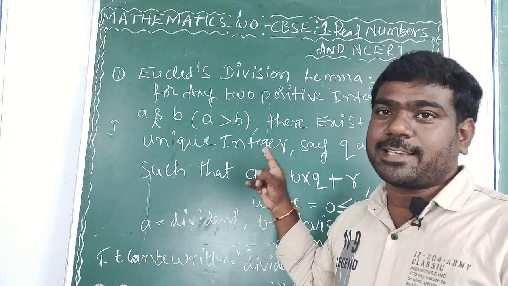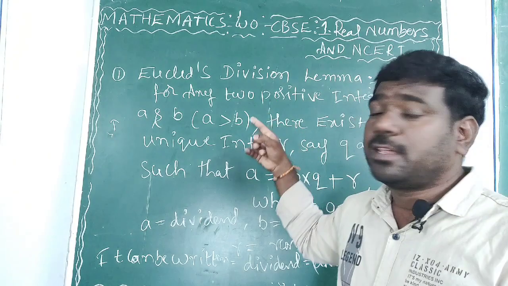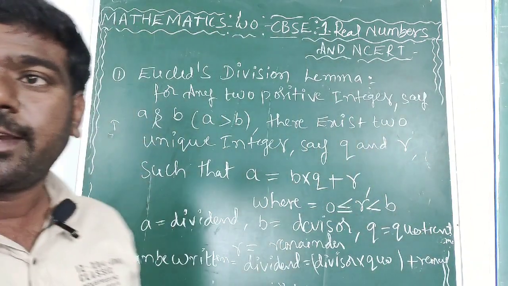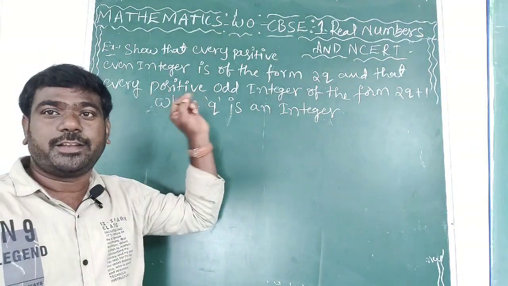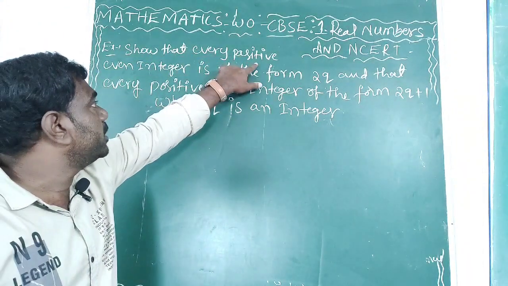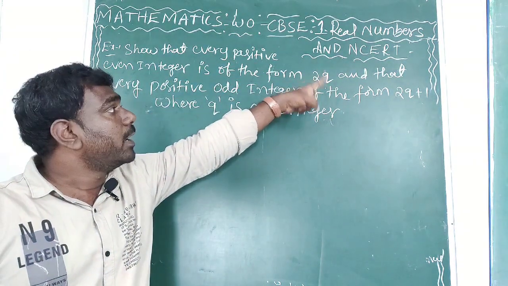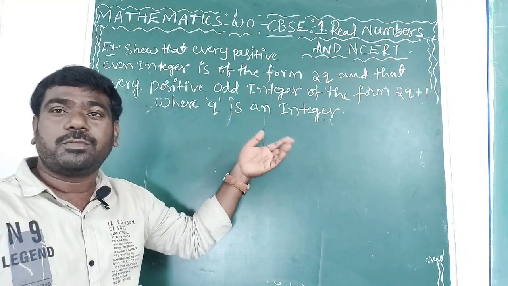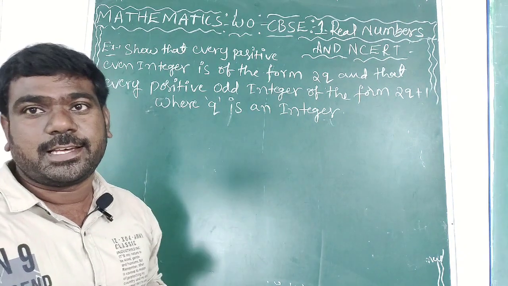So we will take some applications based on the Euclid division lemma. First application. Once see how it is. Show that every positive even integer is of the form 2q, and that every positive odd integer is of the form 2q plus 1, where q is some integer.